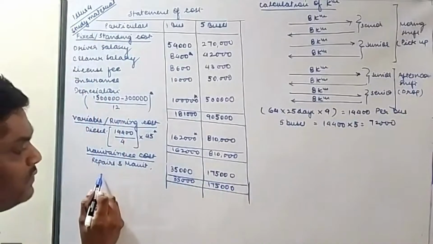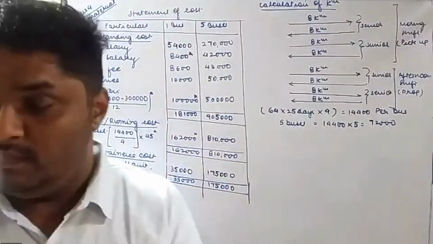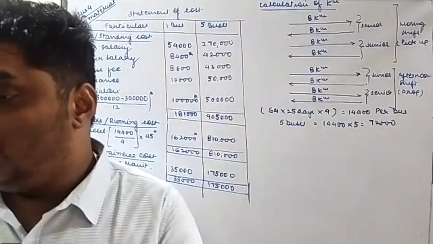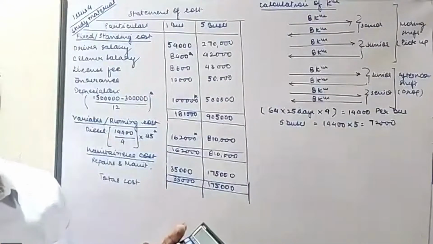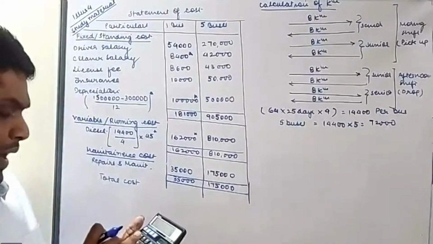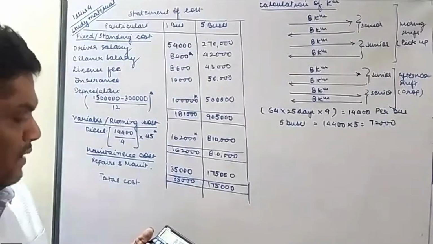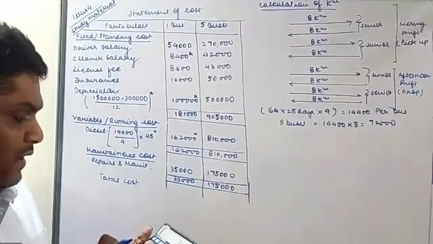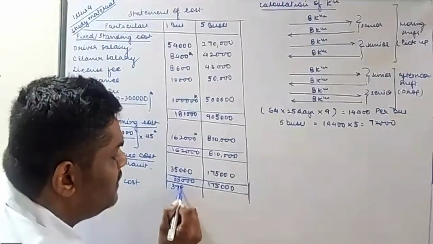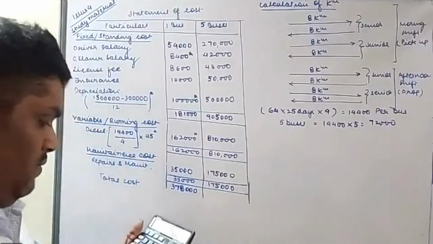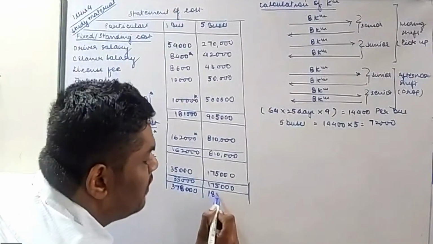So my total cost will be 1,62,000 and 35,000. So this will be 3,78,000. This will be 18,90,000.